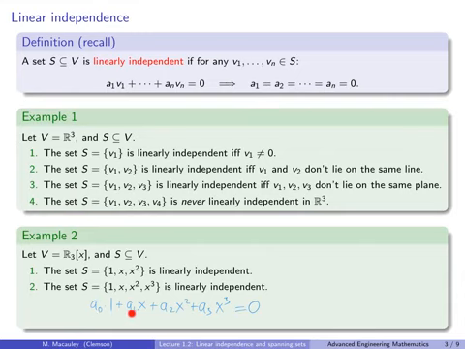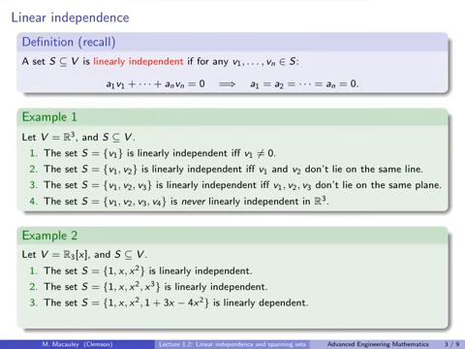You have to have these coefficients equal to 0. Otherwise, this polynomial, well, it may have some roots. It may be 0 in a few places, but it's not going to be the 0 polynomial. This polynomial is 0 everywhere. It's identically 0. So this can only happen if a0 and a1 and a2 and a3 are all 0. Therefore, this set is linearly independent.